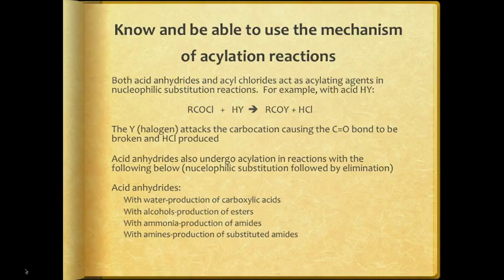If it reacts with an acid, HY, you see the chloride removed and the other half of the acid becomes a part of that RCO group. The Y halogen attacks the carbocation, causing the carbon double bond to be broken, and in this case, HCl is produced.